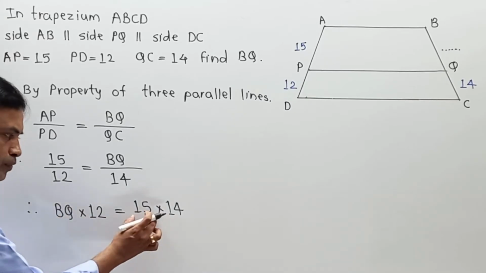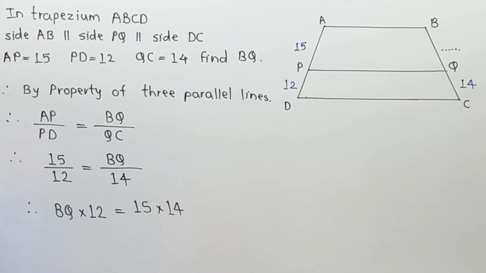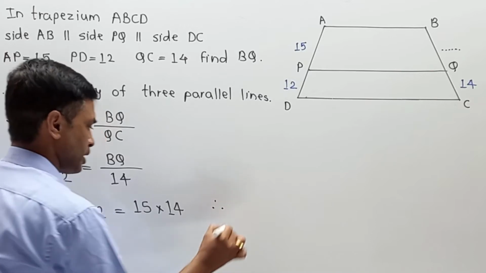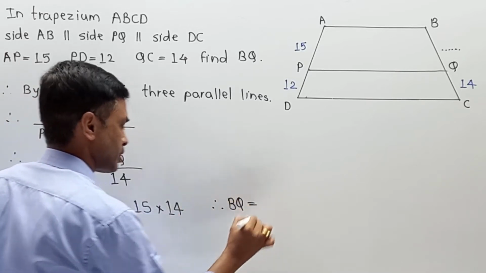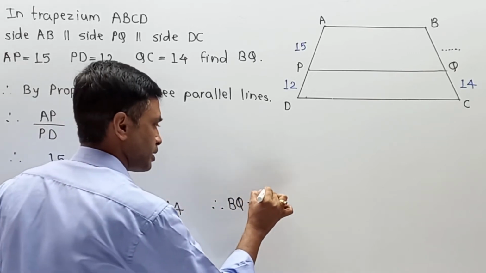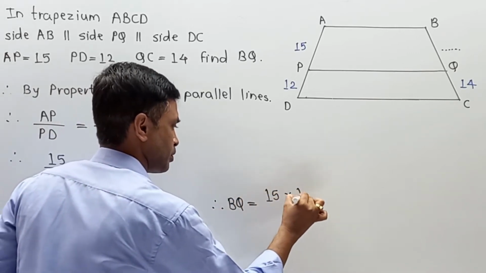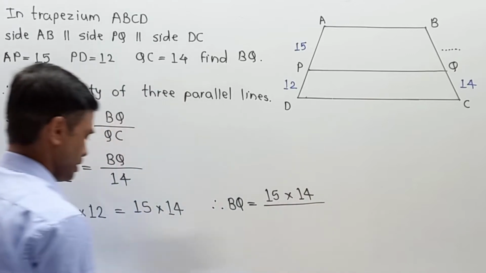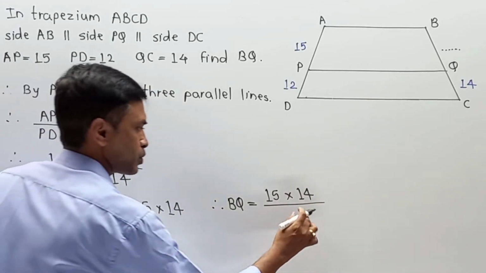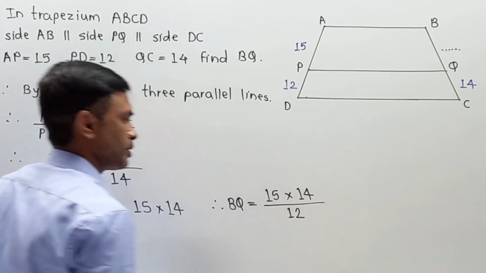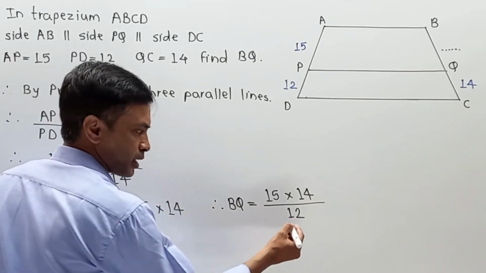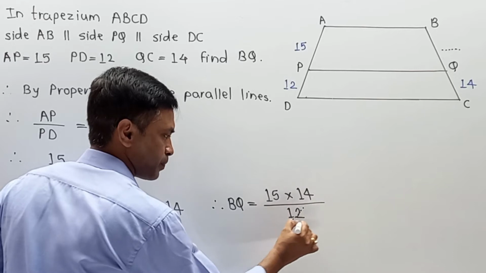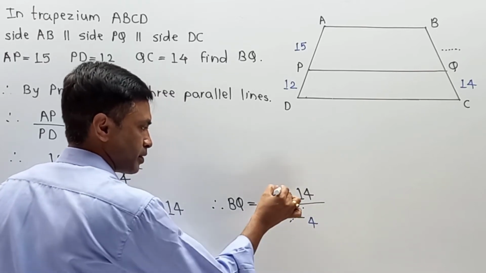So BQ is equal to 15 into 14 divided by 12. Writing that over here, BQ is equal to 15 into 14 divided by 12, as this 12 is multiplied over here and goes to that side as a divide by. Now I am going to start simplification right here. 3 4s are 12, 3 5s are 15.